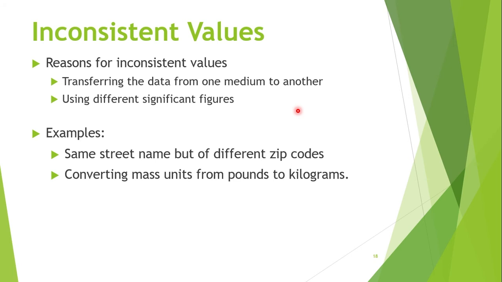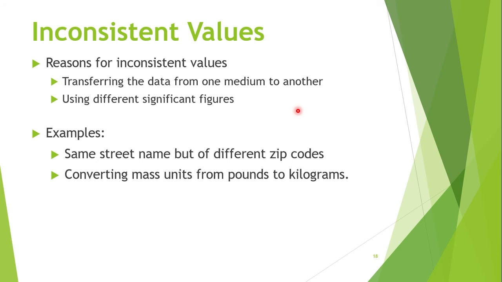2.205. Ilan yun sa 10,000? Move the decimal 1, 2, 3, 4. O, di 22,050 pounds. Ang layo, di ba? Hindi mo pwedeng baliwalain yung 50 pounds. Sa 10,000 kilograms pa lang yun. What if we are talking about 1 million kilograms?